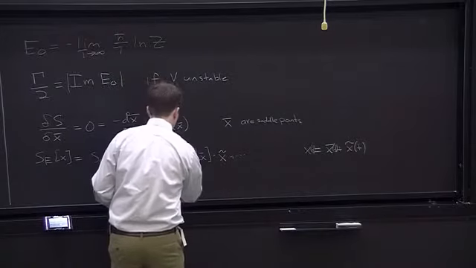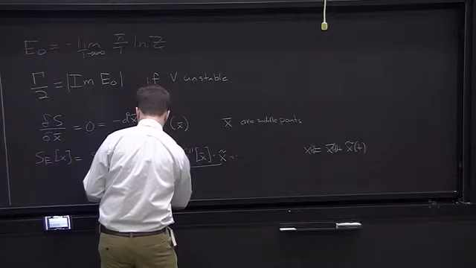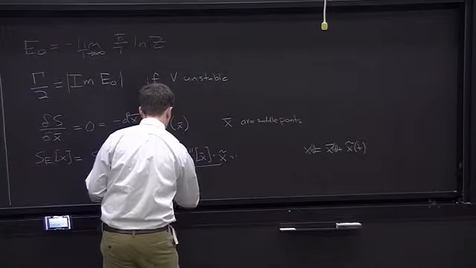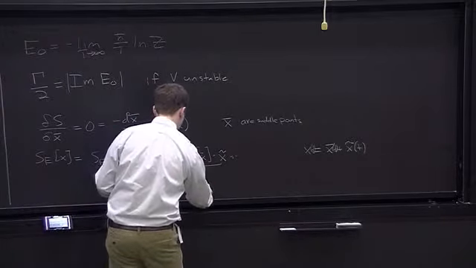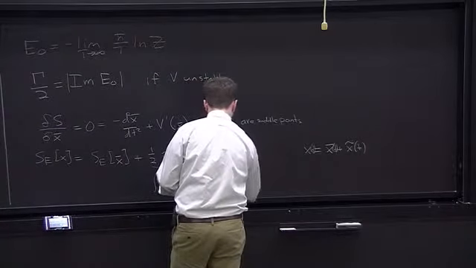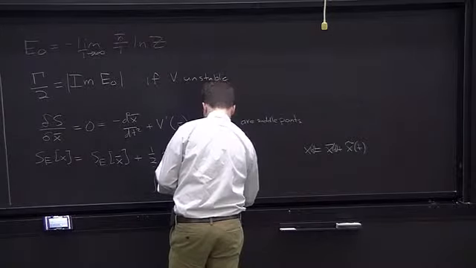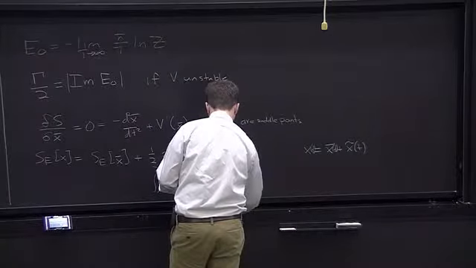This is using the same notation we introduced in QFT2, so this is just the integral dt1 dt2 x tilde of t1 times the second functional derivative of S with respect to x of t1 and x of t2.